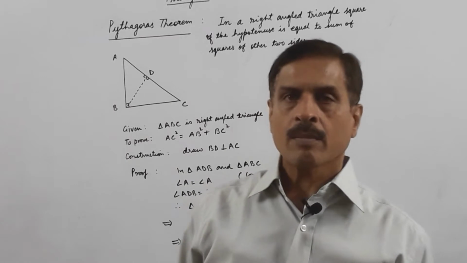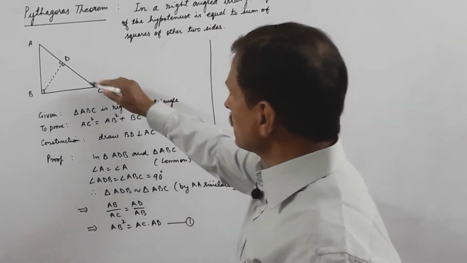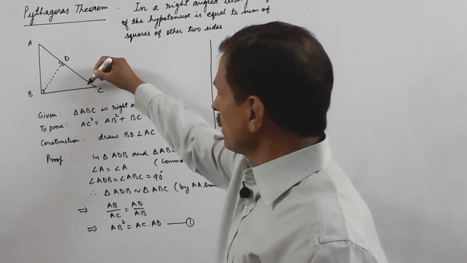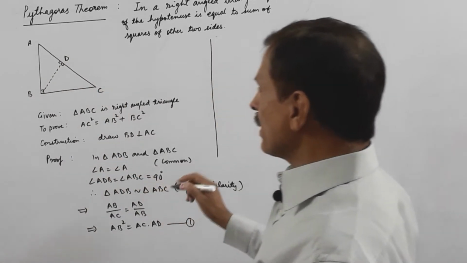Similarly, if we consider triangle CDB and CBA, angle C is common for both. Angle CDB is equal to angle CBA is equal to 90.